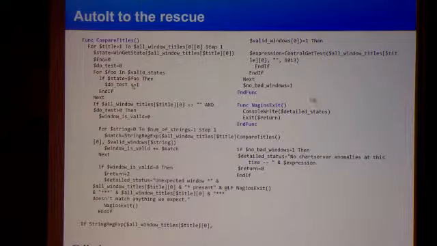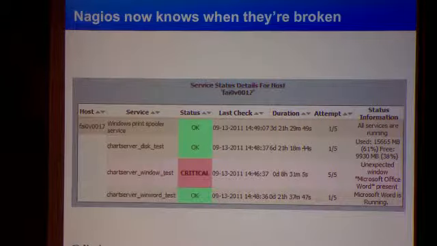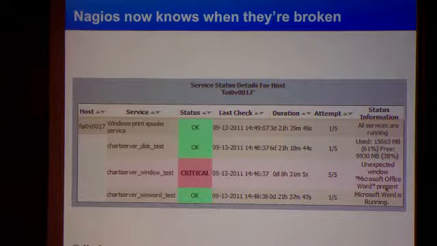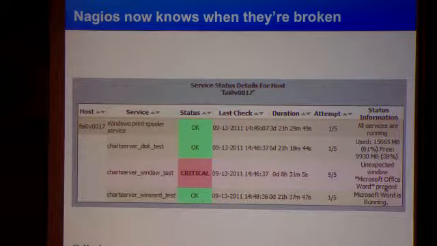And it just compares them against regular expressions to make sure that it matches one of the okay windows. And if not, then we write out the status information and exit. And this allows Nagios to know when it's broken. So in this case, this chart server is broken. There's an unexpected window called Microsoft Office Word. So even though all the services are running and winword.exe is running, this one is broken.